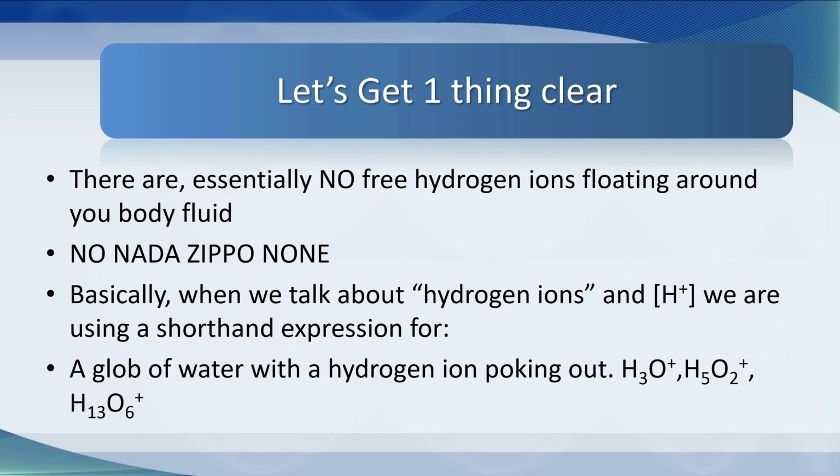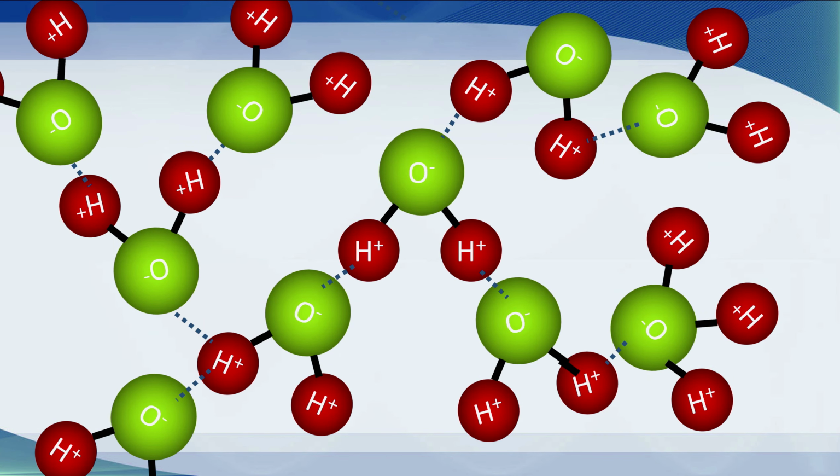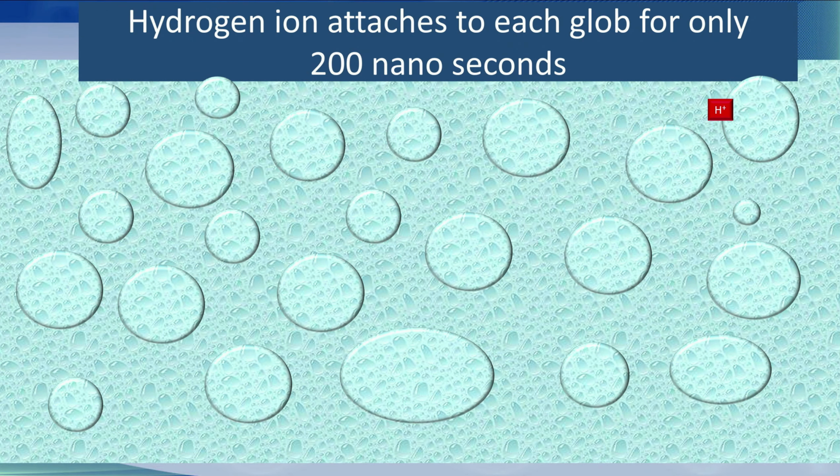And this can have any chemical form you like, as long as there's a plus at the end of it. So you get this big lump of water, and just one part of it has an extra hydrogen ion sticking out. And here's the thing, it doesn't just stay where it is. That hydrogen ion bounces around each glob for about 200 nanoseconds, so it's all over the place. But there isn't a single proton floating around.